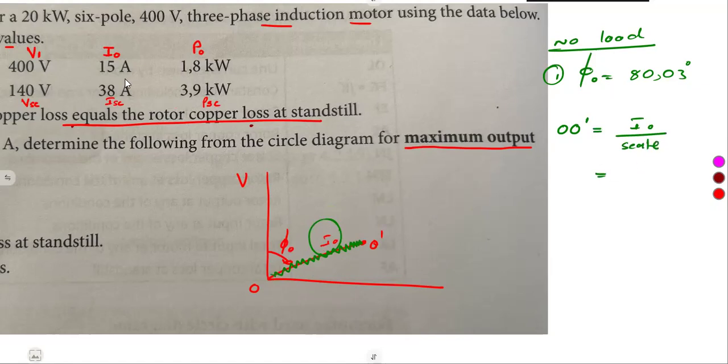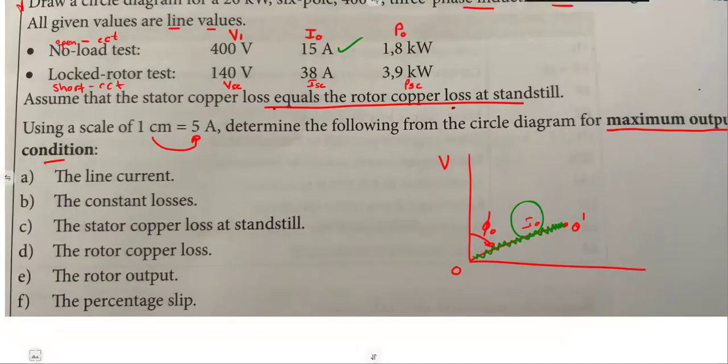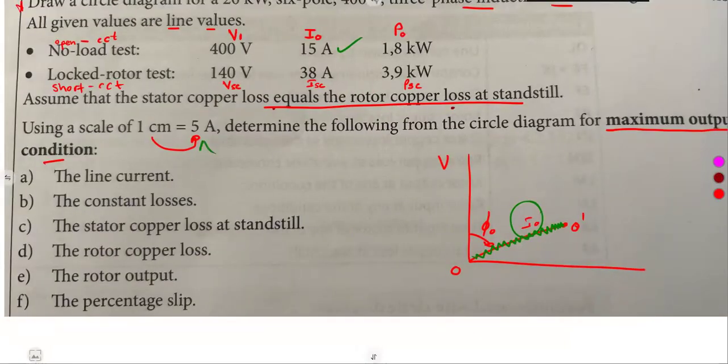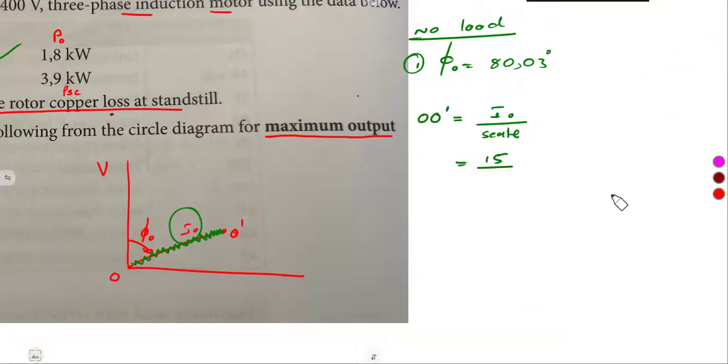So the no load current is 15. We just need to substitute: 15 over the scale. Remember they told us each centimeter represents 5 amps, so 1 centimeter is equivalent to 5 amps. We divide by the scale, 5, and that gives us 3 centimeters.